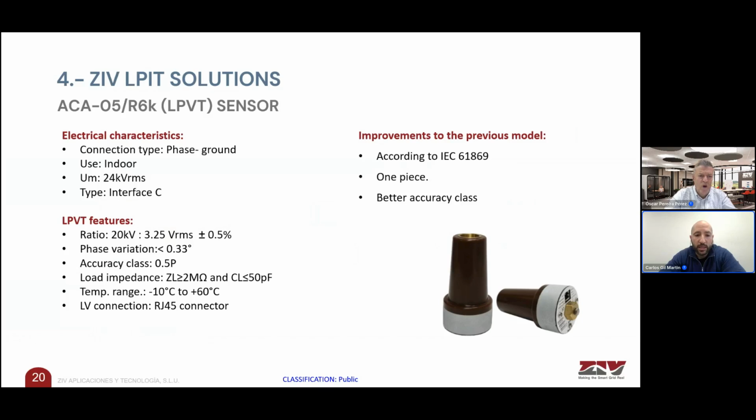The accuracy class is 0.5P. It's a multi-purpose sensor, and the improvements to the previous model are based on the new standard. It is based in one piece and has a better accuracy class.